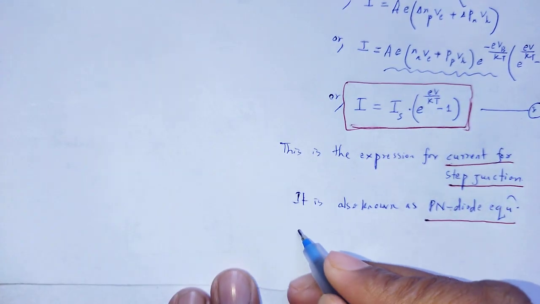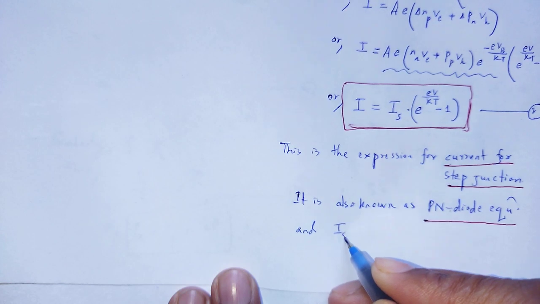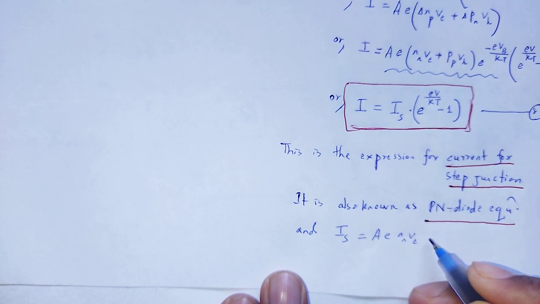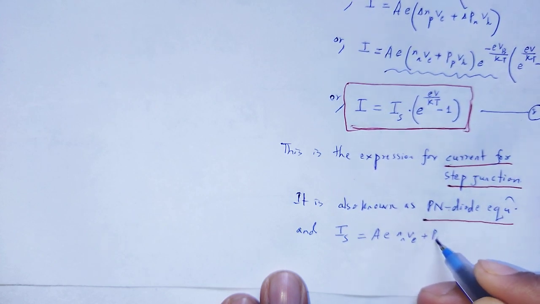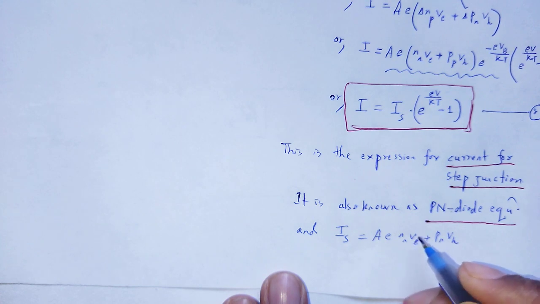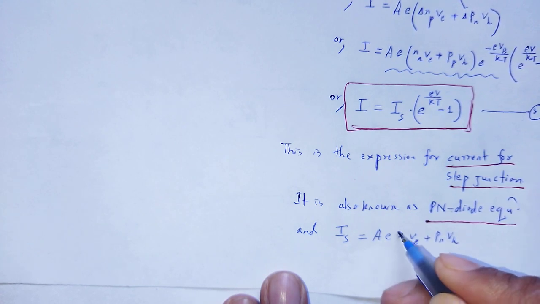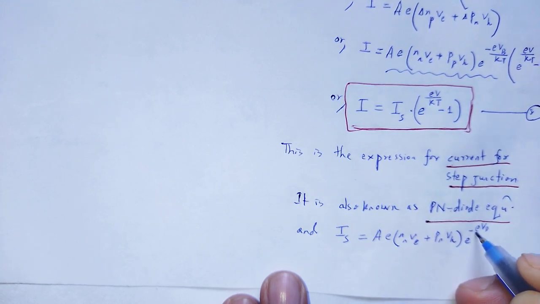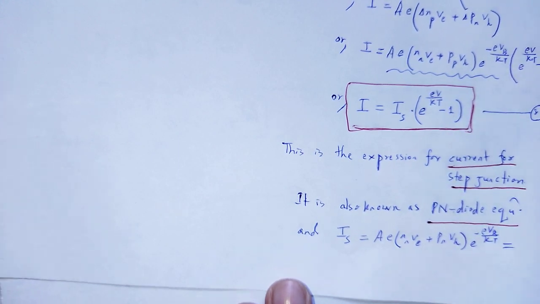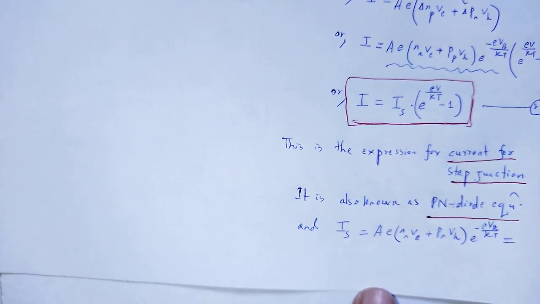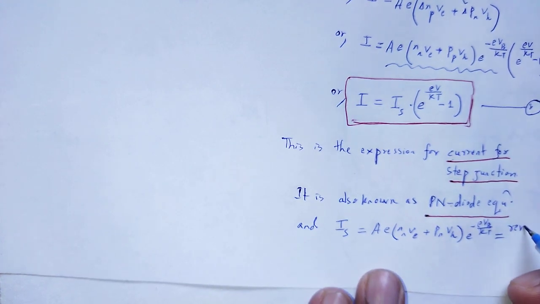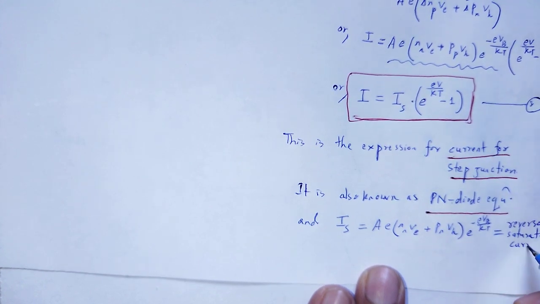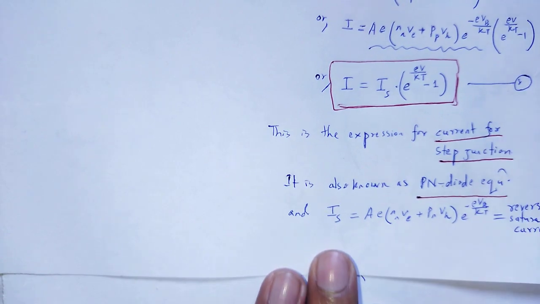And I of S is A E Nn VE plus Pn VH, where VE is the drift velocity of electrons and VH the drift velocity of holes, as we have already known, times e to the power minus EVB by KT. That current is the reverse saturation current.